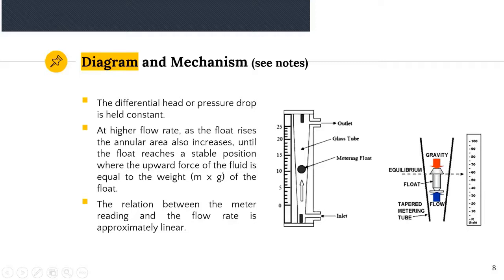At a higher flow rate, as the float rises, the annular area also increases. So when the float comes upward, the annular area pushing up the float will also increase, which means there will be more inlet flow passing through the float.